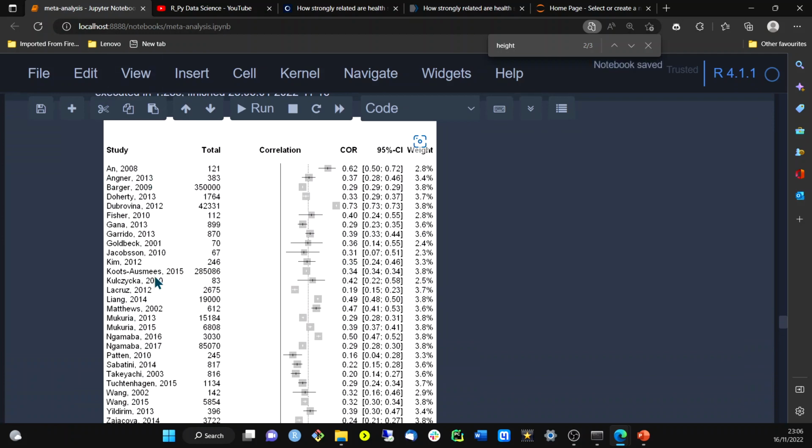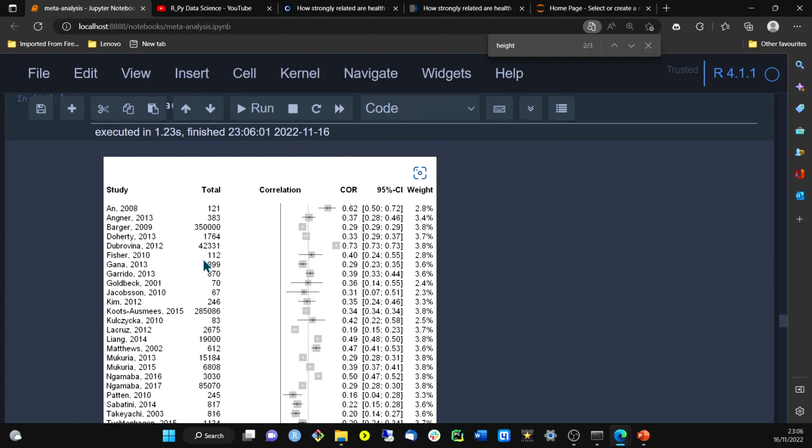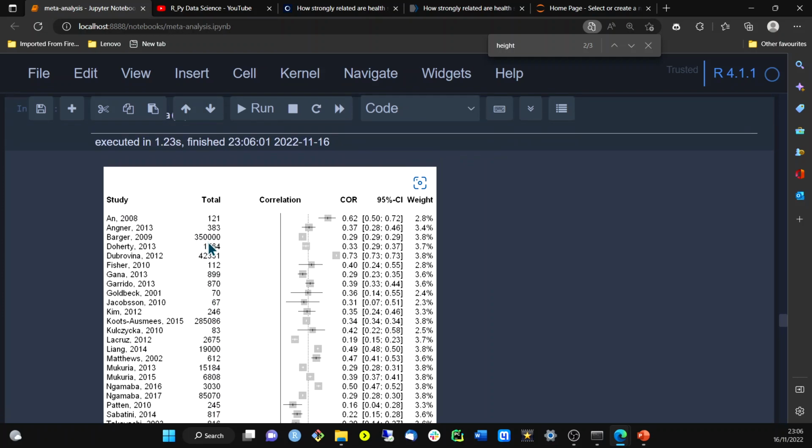We have our study and the total sample size. Some studies are really large, about 350,000 people participated, and here about 485,000. That's why you see the confidence intervals are very close.